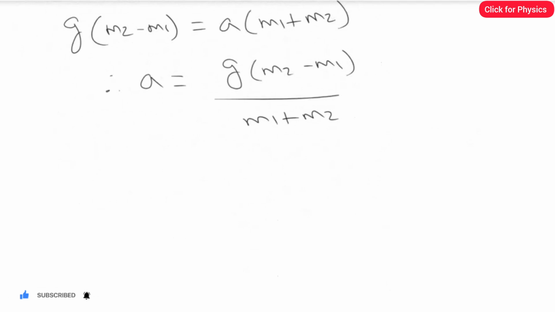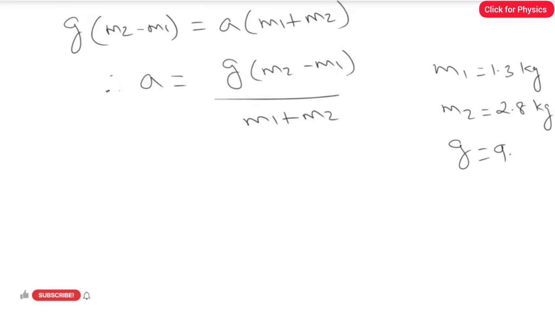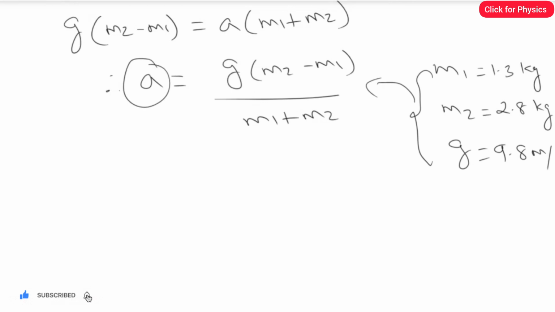As we know, g takes the value of 9.8 meter per second square, m1 in the question is given as 1.3 kilogram, and m2 takes the value of 2.8 kilogram.